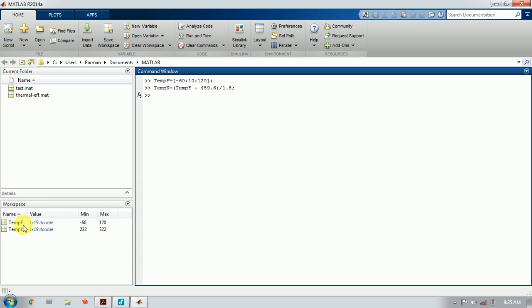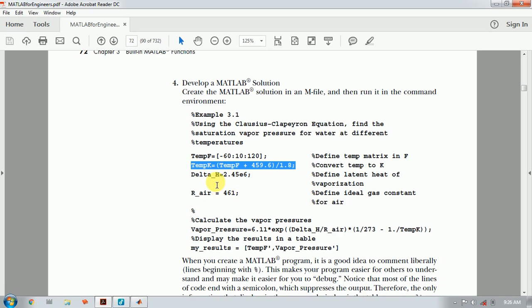We can find the name of the variable and the value of the variable, and this is the minimum value of the variable, and this is the maximum value of the variable. That's the temperature in Kelvin, this is in Fahrenheit. It is the value we get from the conversion from Fahrenheit to Kelvin. Okay, we continue with this script.